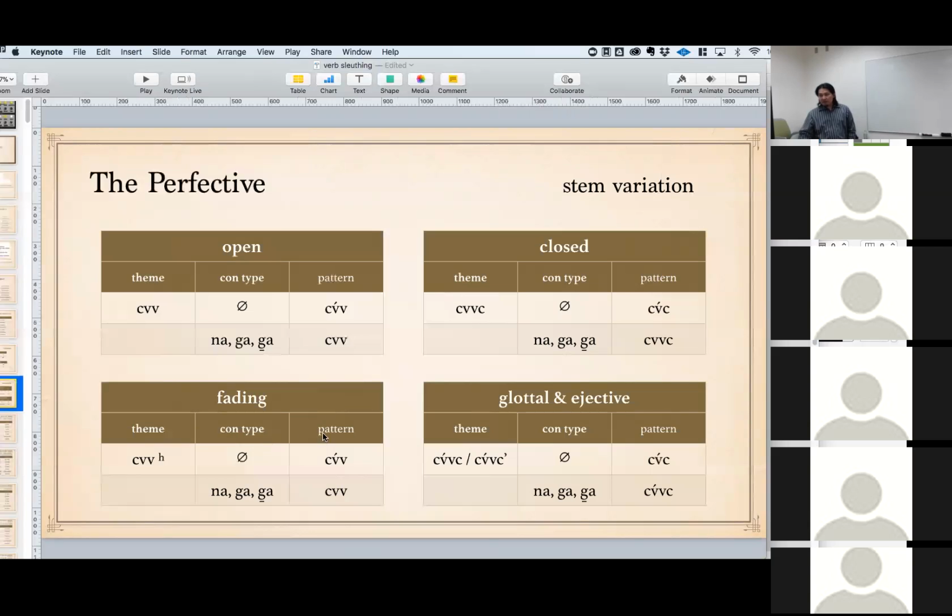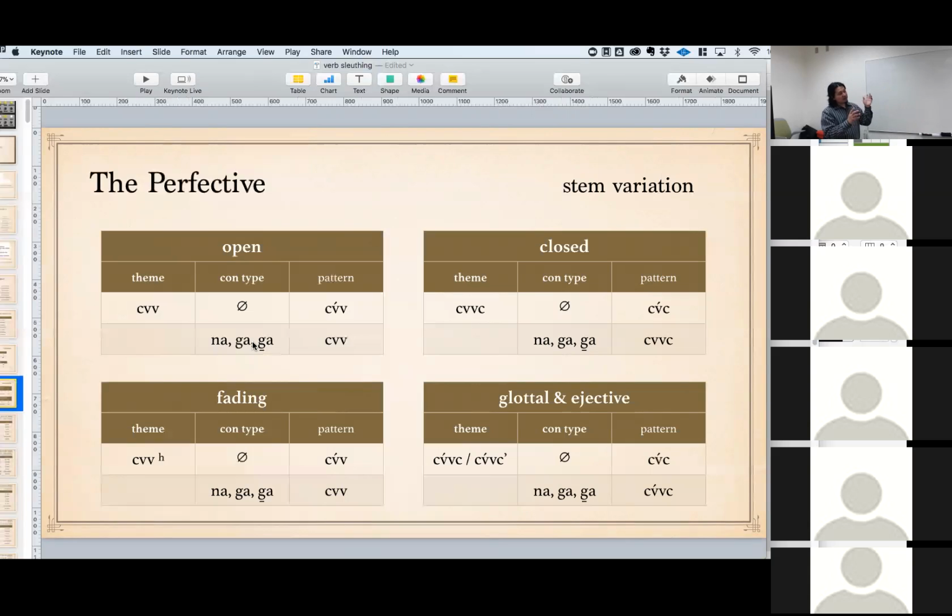Then you also have the pattern. So any perfective verb, if you see a verb in the perfective, you see that W in there? If it's open and high, right? So you could say hua ha, then you know it's a zero conjugation type. If it's open and low, hua ta, then you know that it's a na, ga, or a qa. You can't tell which one it is.